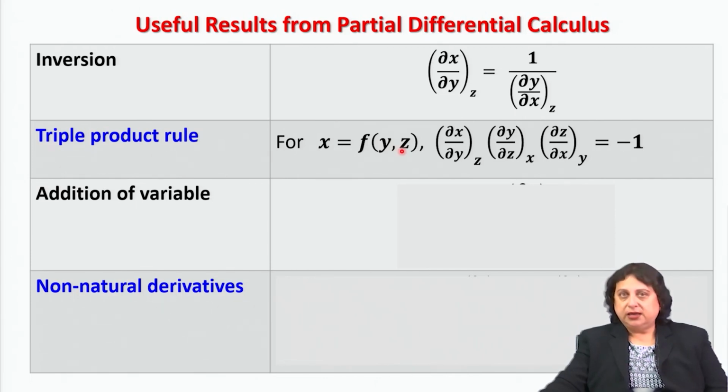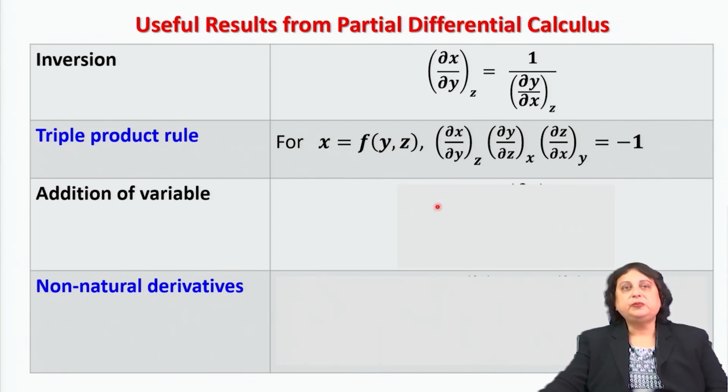So, I use this relationship: del x del y at constant z, into del y del z at constant x, into del z del x at constant y, equal to minus 1. We have used this extensively when we tried to understand the variation of different energy functions like internal energy and enthalpy.